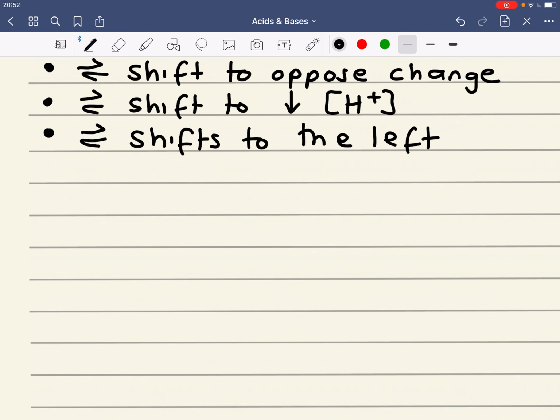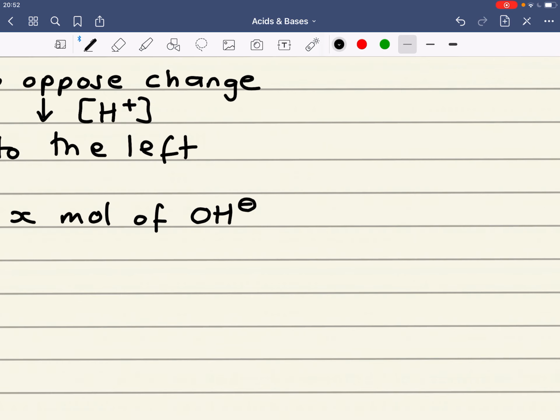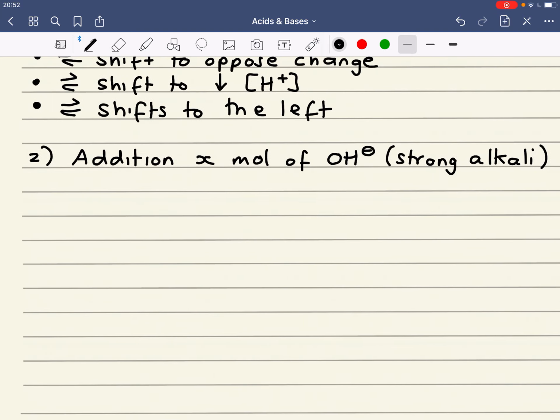Let's have a look at what would happen in the addition of X moles of hydroxide ions, which is again a strong alkali. So again, let's have a look at my dissociation of my weak acid.